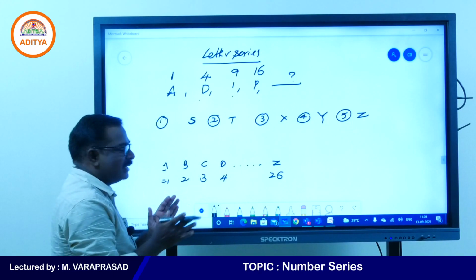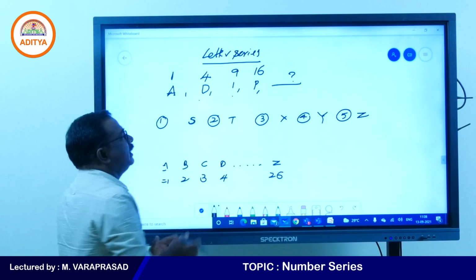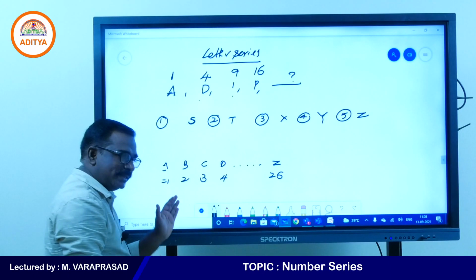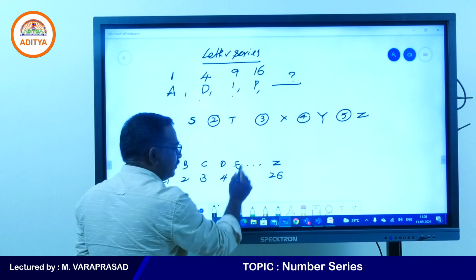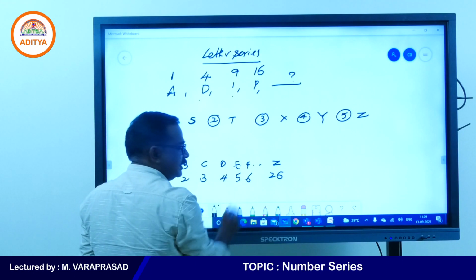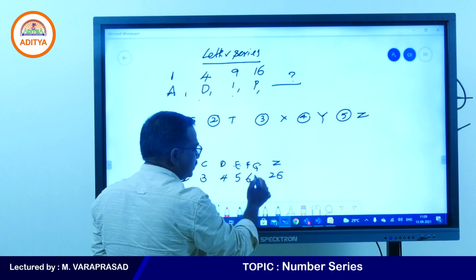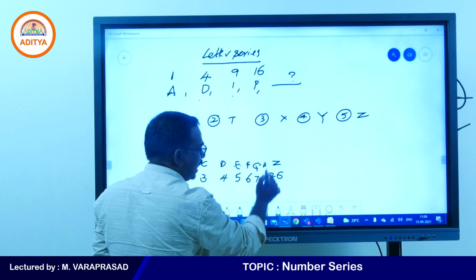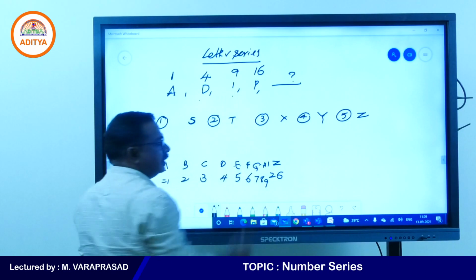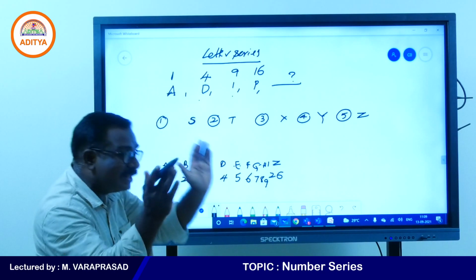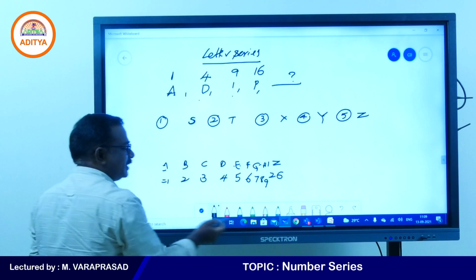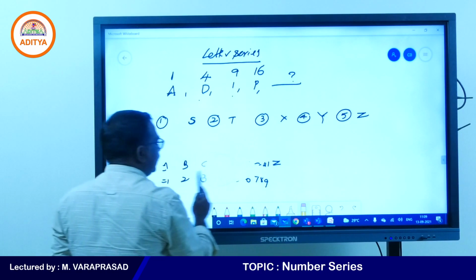A is the first, B the second, C the third, D the fourth, E the fifth, F the sixth, G the seventh, H the eighth, I the ninth. What is the logic here?